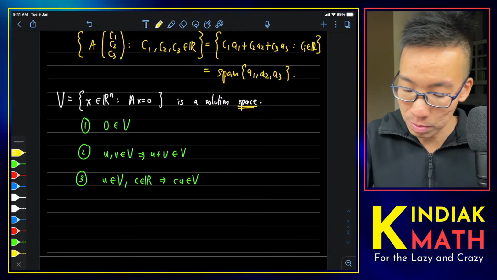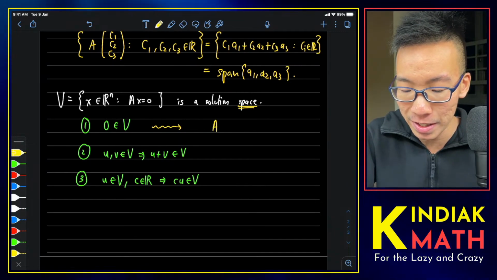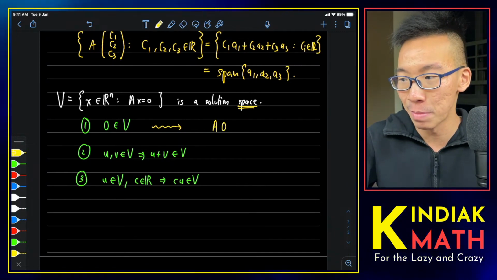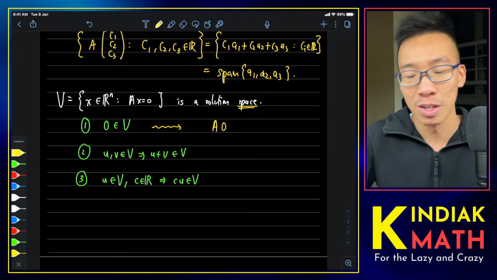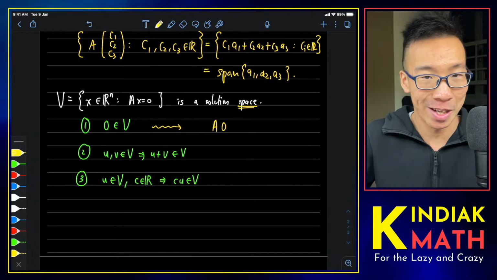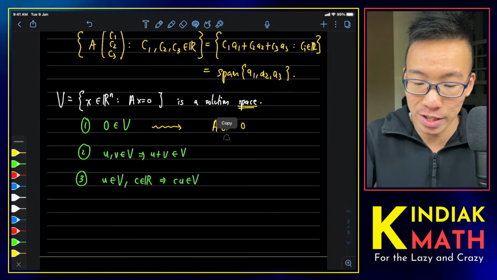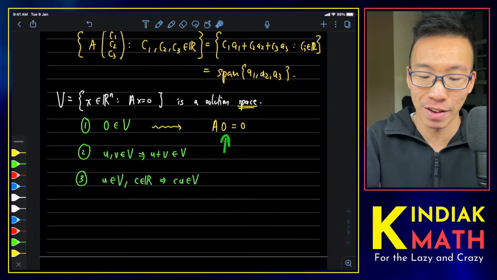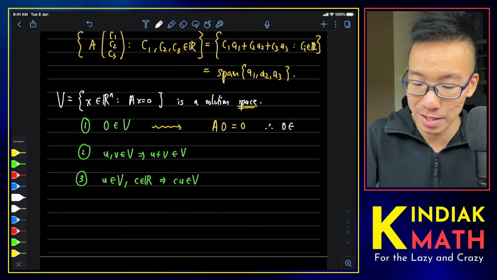So let's take a look at why this is the case. Let's check. If we plug in 0 as an input, what's the output of A multiplied by 0? Well, A multiplied by 0 is going to be 0. But that means that 0 actually satisfies this equation. So therefore, we can conclude that 0 lies inside the vector space.